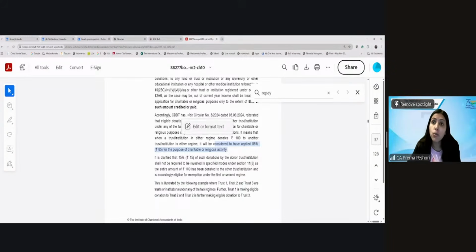But if I have donated the entire amount, I don't have the money, how will I put this 15%? Then they are saying that in that particular case where we have given the amount to another trust, it is clarified that 15% of the donations shall not be required to be invested in the mode specified in section 11.5 as the entire amount has been donated to another trust. Got it?